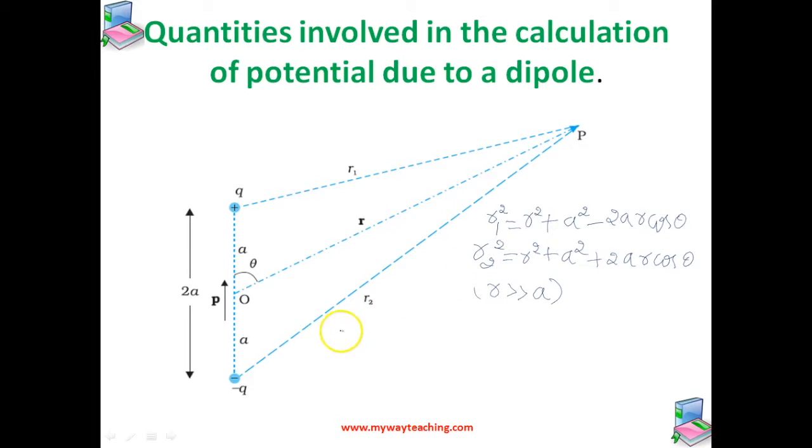R1 square is equal to, if you take R square common, we get 1 minus 2a cos theta by R plus a square by R square, isn't it? Yes.